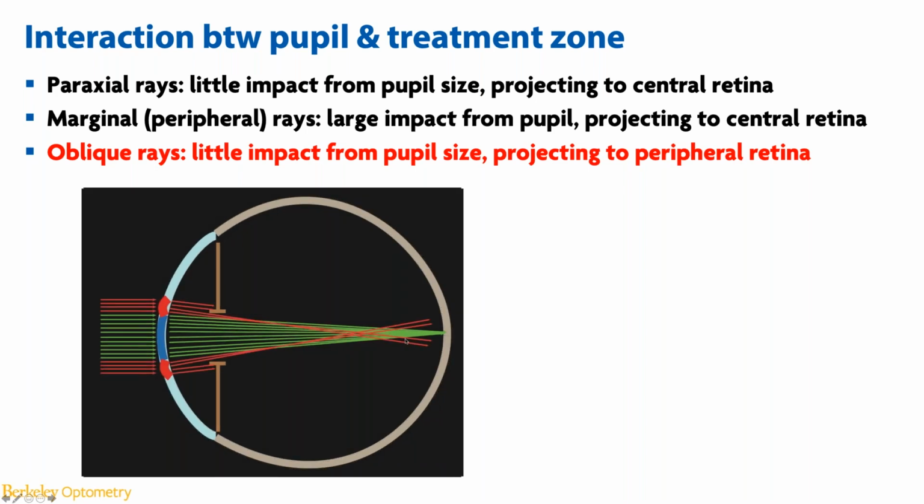The second type of rays is called the marginal rays, or peripheral rays, which is designated as red here. These are rays whose incidence angle is also parallel with the optical axis, but they are a little bit further away from the visual axis.